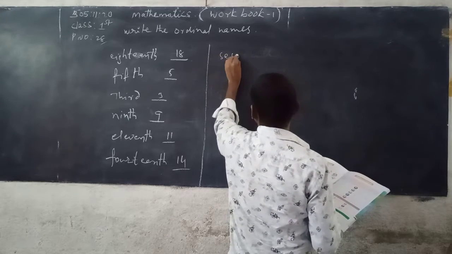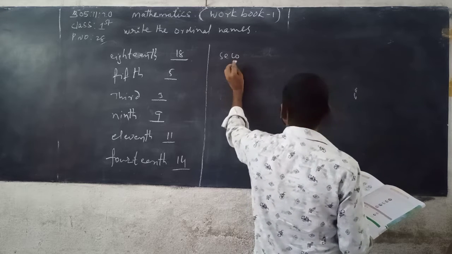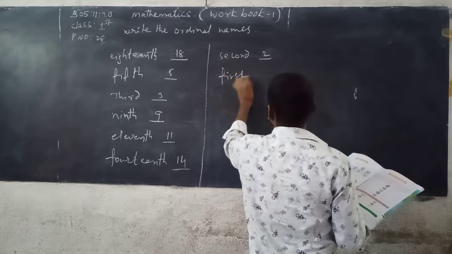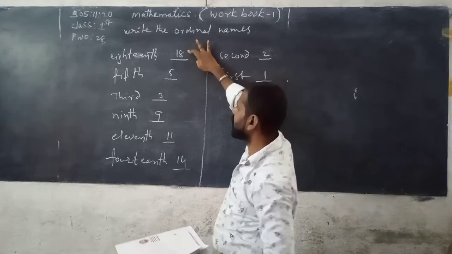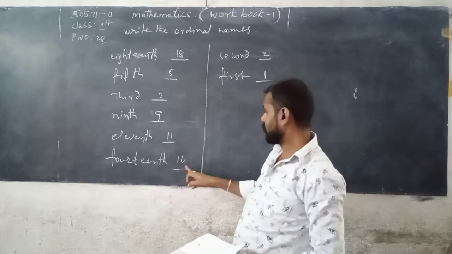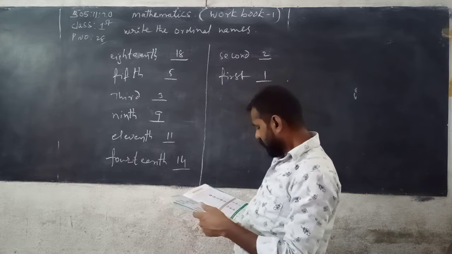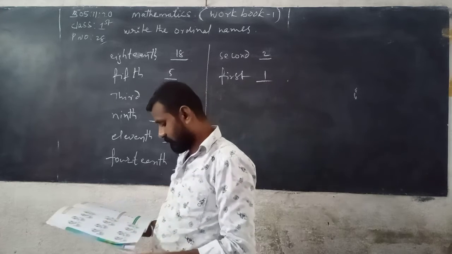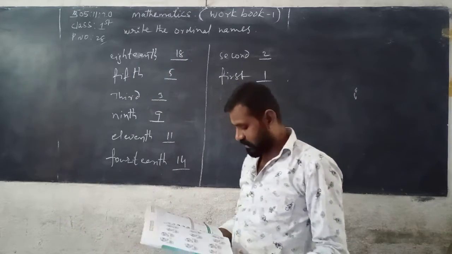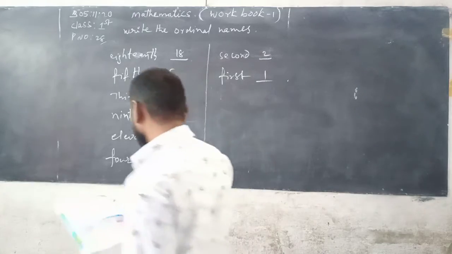Second, 2. First, 1. See here, 18th, 18, 5th, 5, third, 3, 9th, 9, 11th, 11, 14th, 14, second, 2, first, 1. This is called ordinal numbers. Now next, place value.